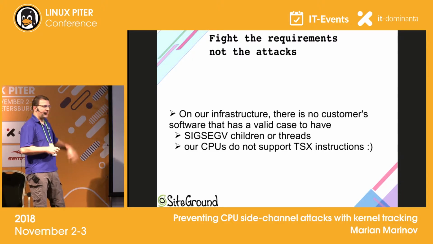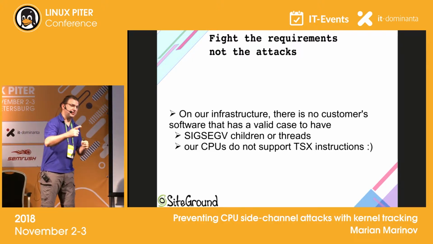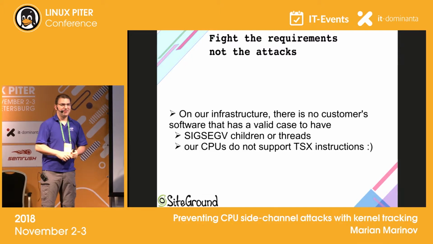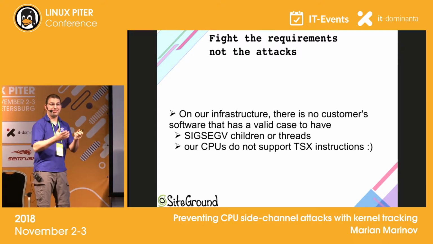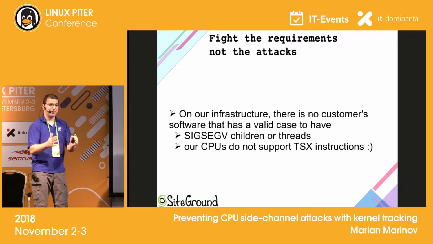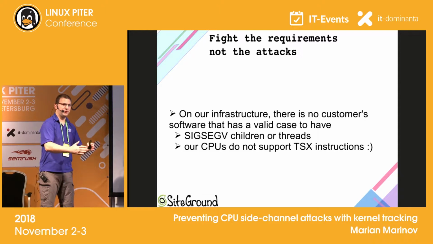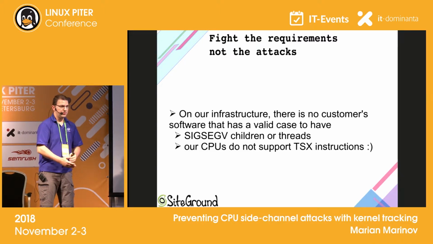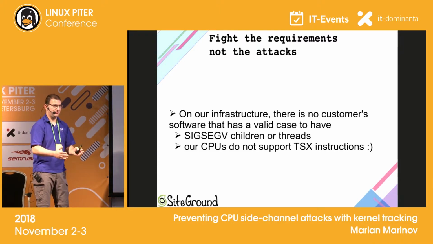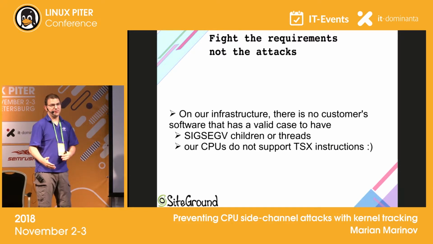So when a child or thread dies, it is accounted +1, +1, +1. Since our infrastructure is shared hosting, we don't have processes that simply segfault. If it segfaults, it's either bad software that shouldn't run at all, or a hardware issue. In both cases we need to know this.